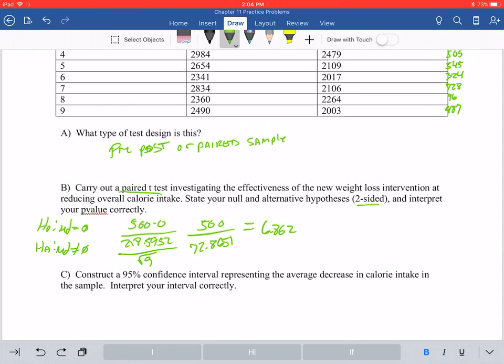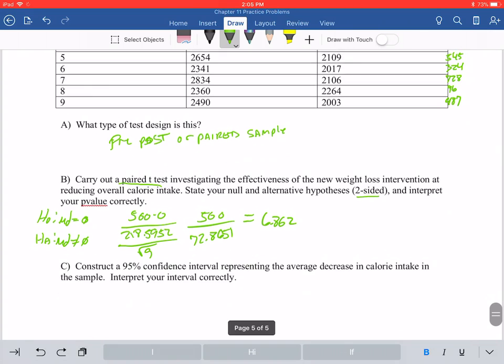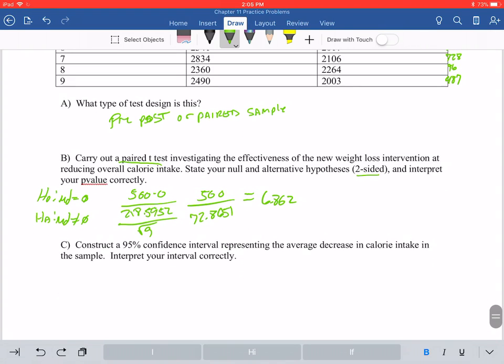6.862. You go to the back of the book and you look up degrees of freedom 8. So you go to the back of the book for table C, go to degrees of freedom 8. Degrees of freedom 8, you'll see that our t-value of 6.826 is well beyond the 5.041, so we know our p-value is going to be less than 0.001, or we can say it's going to be less than 0.002 when we multiply by 2 because we're using a two-sided formula.